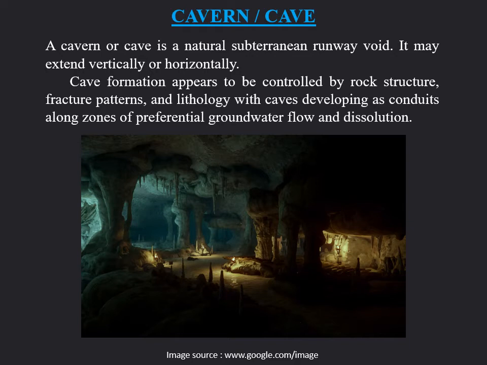The cave, or the subsurface passage, may be simple or it may be complex. The passage may extend horizontally as well as vertically, and it may occupy more than one level, and that variation in level basically depends on the supply of surface water as well as the local water table condition.